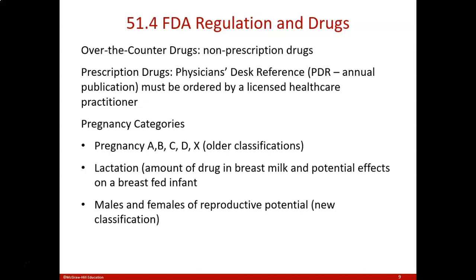The book talks about it on page 1131, where they've changed. They don't really use these A, B, C, D, X categories anymore. They kind of classify it according to pregnancy, which includes labor and delivery and all the label requirements. And then they have lactation, and then something called female and male reproductive potential. And so they look at drugs and the potential for side effects.